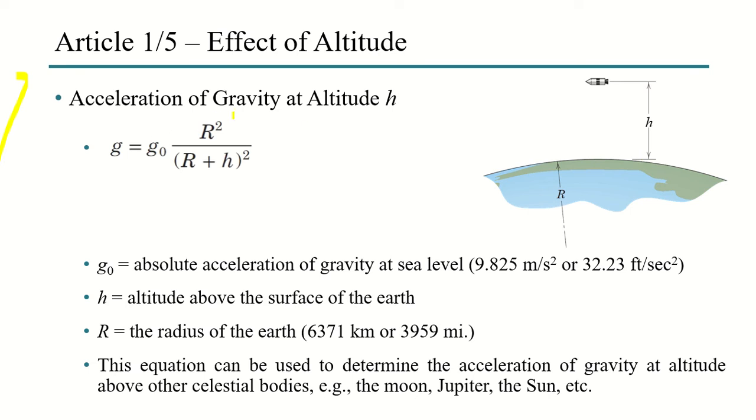So the acceleration of gravity at altitude h is given by this expression: g equals g sub 0 times R squared divided by the quantity R plus h raised to power 2, where g sub 0 is the absolute acceleration of gravity at sea level.